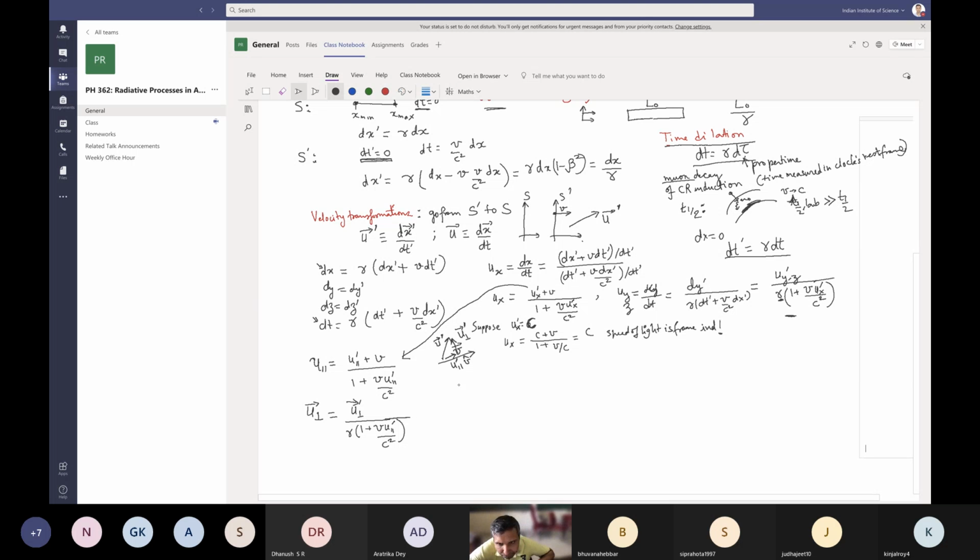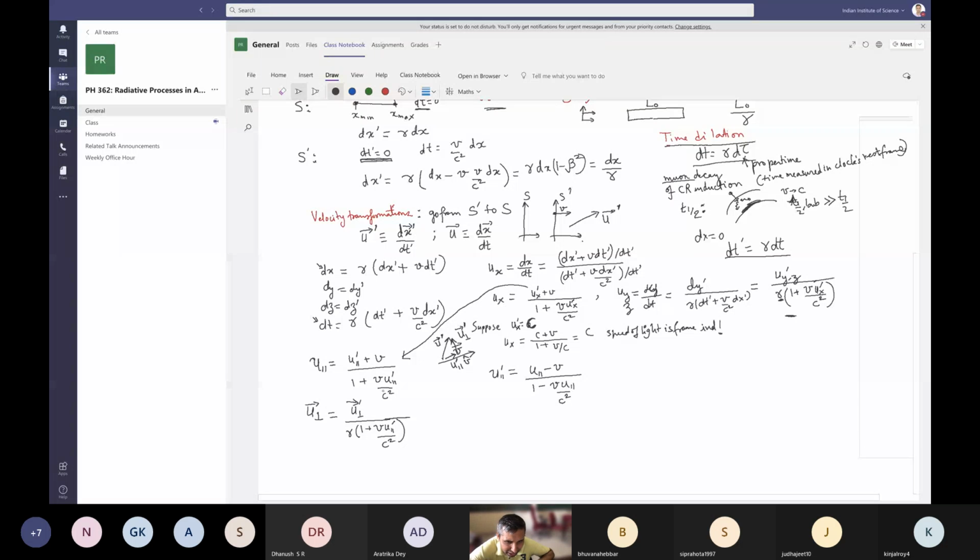Any question? This is actually very important. These velocity transformations will be used again and again further, so make sure that you understand it. Okay. Now this was going from S prime to S. What about the other way? All you have to do is change v to minus v. So u parallel prime is equal to u parallel minus v divided by 1 minus v u parallel by c squared, right?